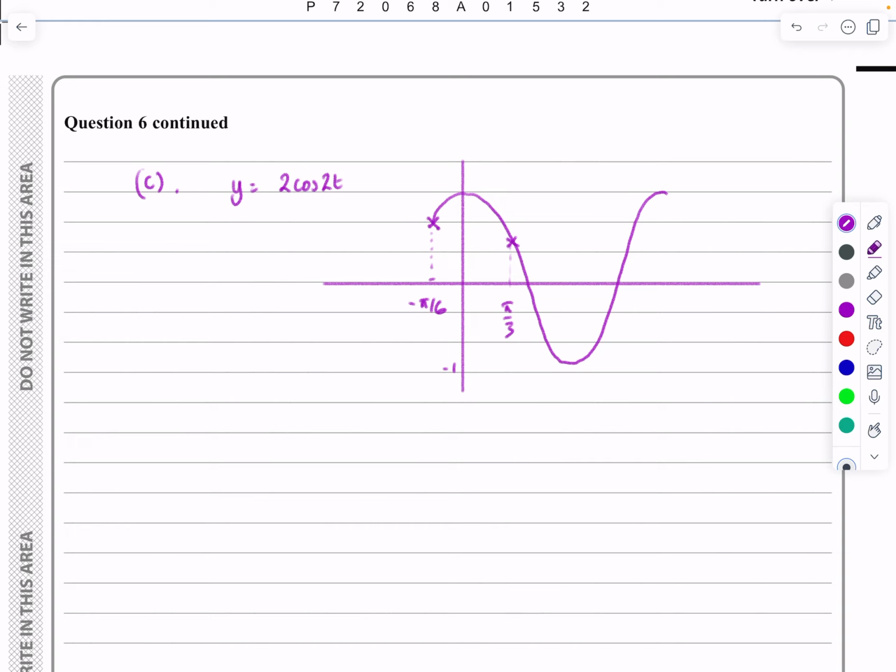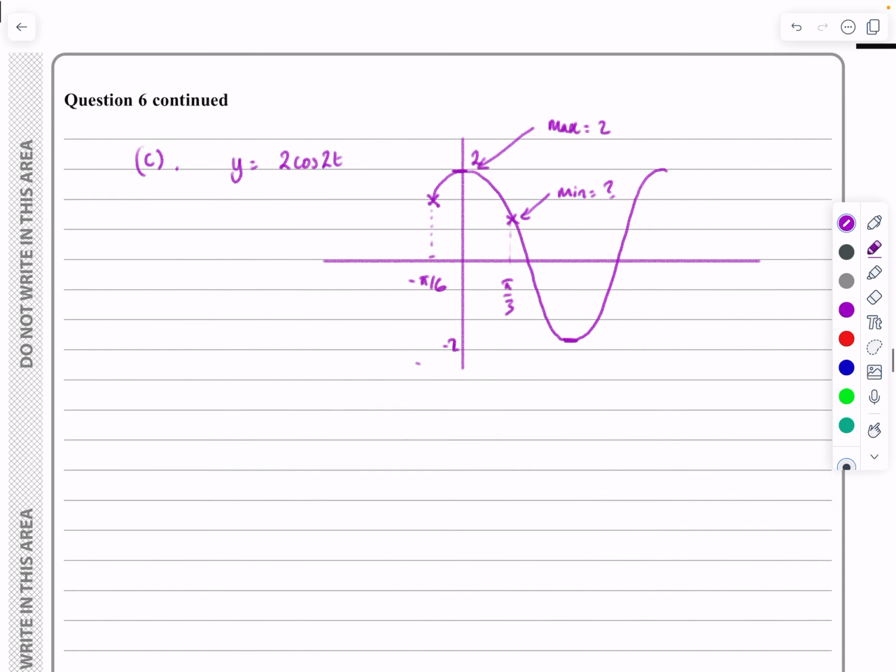We've actually got 2 cos 2t, so we're going to have a limit of 2 there and minus 2 down there if we went that far. So when I'm trying to work out the range of values that y can go between, from the graph, I know that maximum value there is equal to 2. I know the minimum value will be whatever that one there is, which we can work out by plugging the values in.